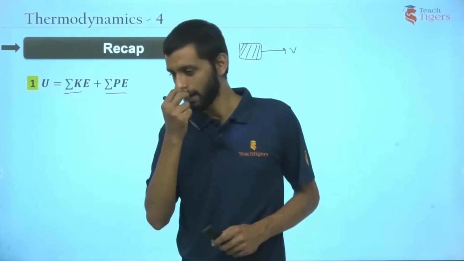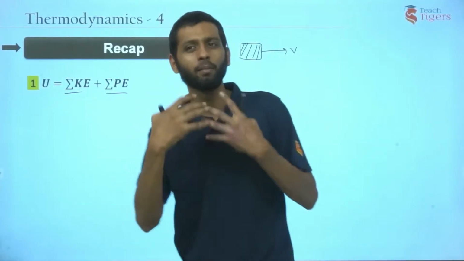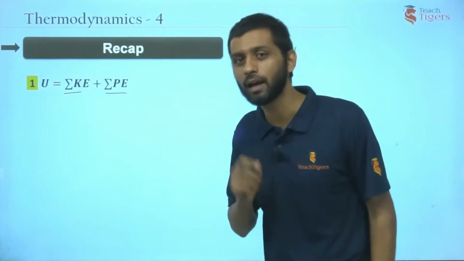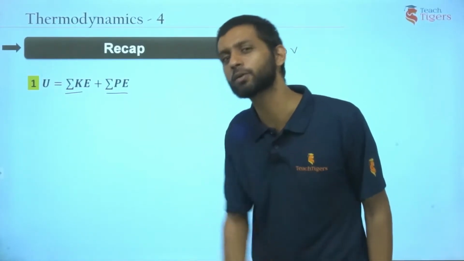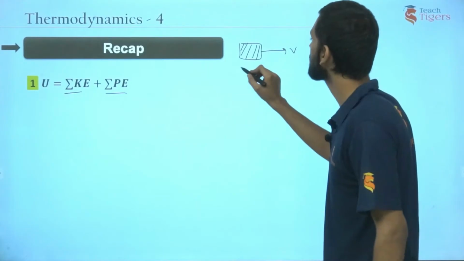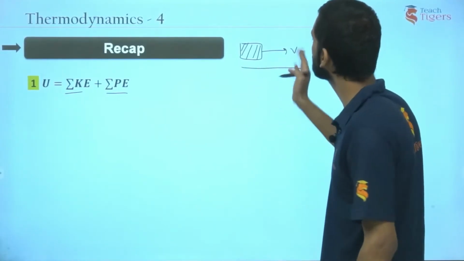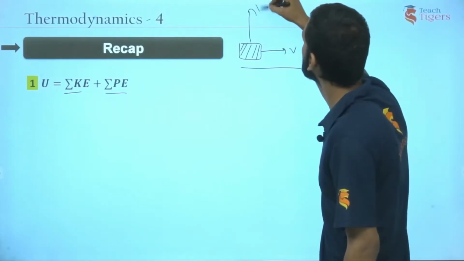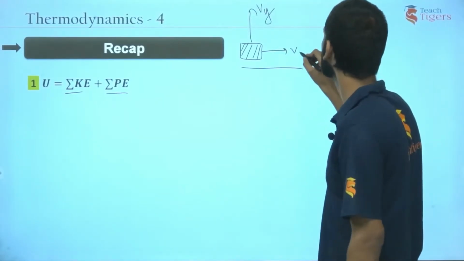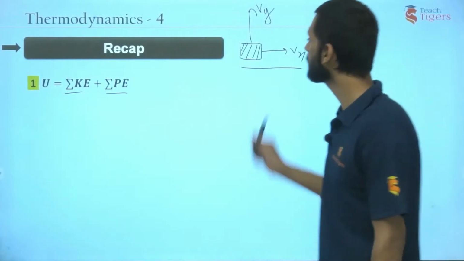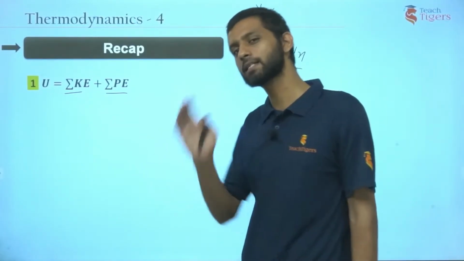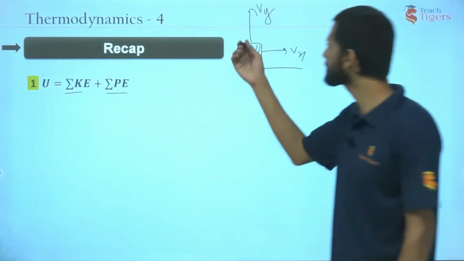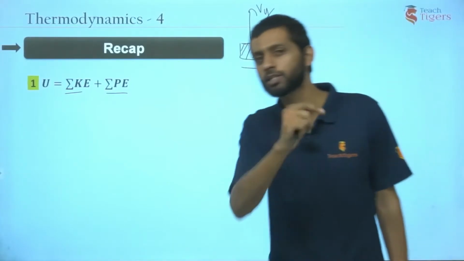But as you read more in class 11th and 12th, you realize that kinetic energy is not only related to translation. This is translation simply because I can write it on this board. If I go up, this is my velocity in the y direction, this is my velocity in the x direction, and the z direction would be outside the board, coming towards you.